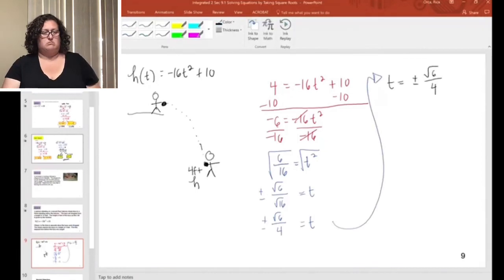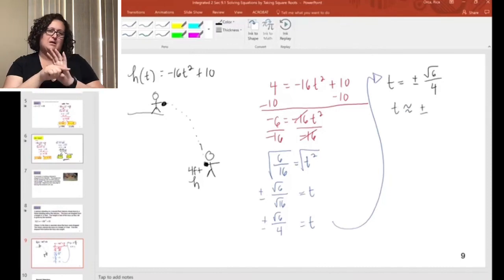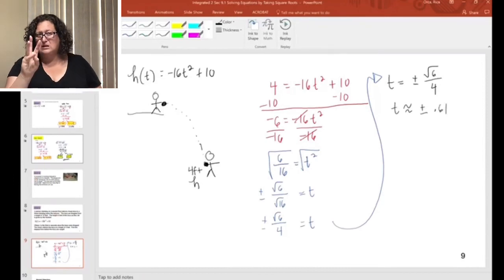So what exactly is the square root of 6 over 4? If I ask you for the time, it wouldn't make sense to say, oh, the time is the square root of 6 over 4, because no one will understand you. So t is approximately plus or minus, if you type that into your calculator, 0.612.